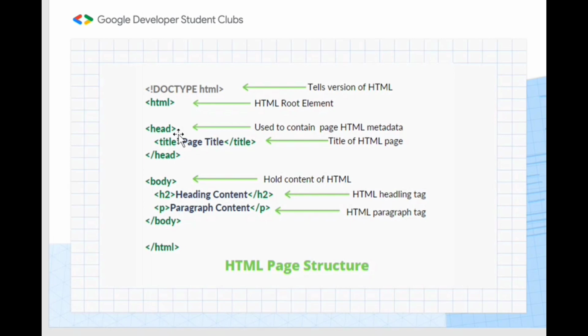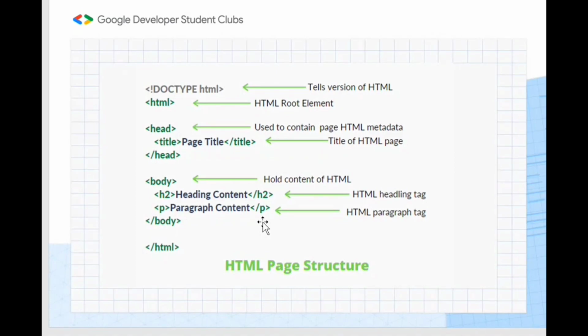Head is used to contain the page's metadata. Metadata basically means the data about how everything is supposed to be seen, which I'll show you as we get to the coding part, as well as the page title. This is what is seen in the title bar. That is the title tag. H1 to H6 are basically heading tags. As you all would know, H1 is the biggest and H6 is the smallest.